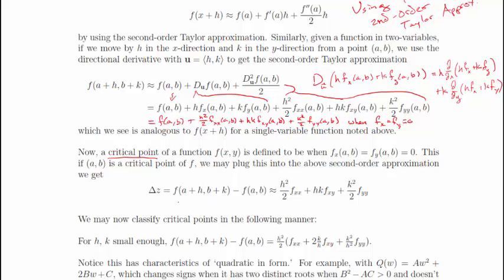So my change in z equals f of a plus h comma b plus k. This is my new z value minus my original z value, f of a comma b. So I just take away the f of a comma b from this bit up here. And so this is approximately h squared over 2 times f sub xx plus hk f sub xy plus k squared over 2 times f sub yy.